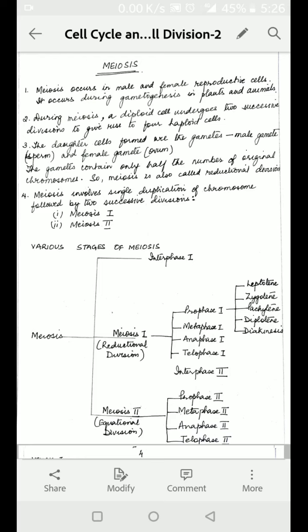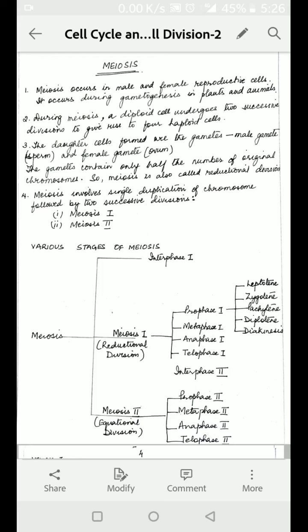The next one will have 92 plus 92, that is 184 chromosomes. So this is not possible, this does not happen, and gametes therefore contain only half, or the haploid number, of chromosomes.